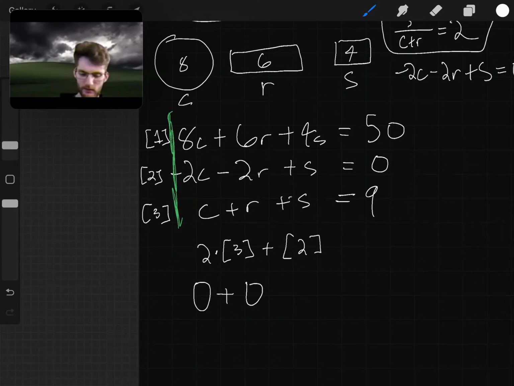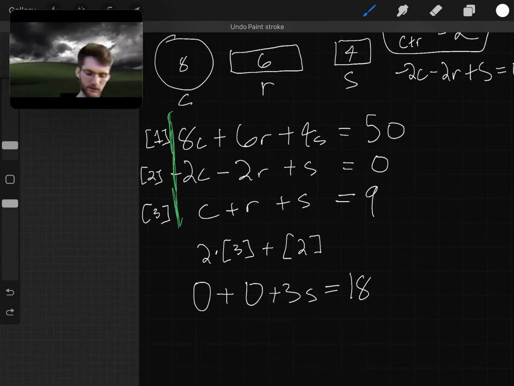Then I have 2s, add it with this s here, I get 3s equals, now I have to multiply equation 3 by 2, which is 9 times 2, 18, and add it to equation 2, that's 0, so it's still 18.